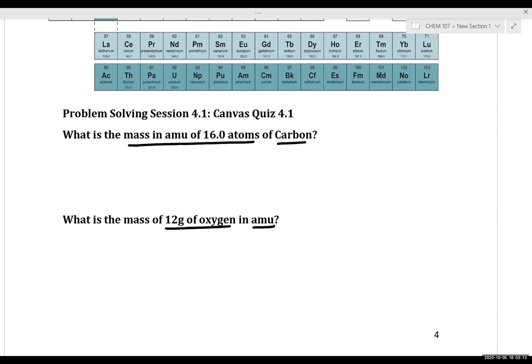If there are any questions, don't be shy to share your questions or proposed responses in the chat or verbally. And really write out, what units are you starting from? What units are you trying to reach? This is just like our unit conversions chapter, except this time we're getting our unit conversion factors from the periodic table. So let's keep working on this example and we'll discuss in about 2 minutes.